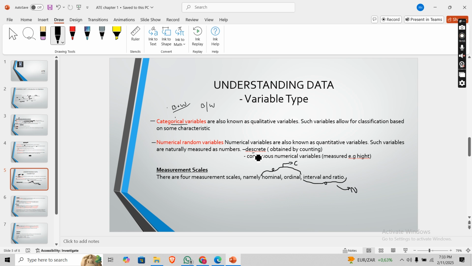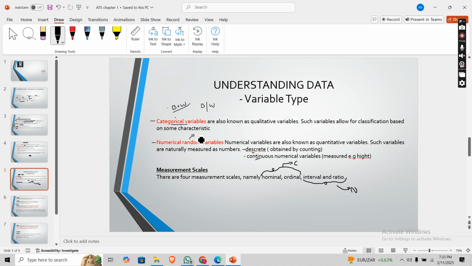Before explaining the difference between discrete and continuous numerical variables, let me explain what a numerical random variable is. A numerical random variable is a variable that is naturally measured as a number, and we can perform arithmetic operations on it. For example, we can add one value to another.